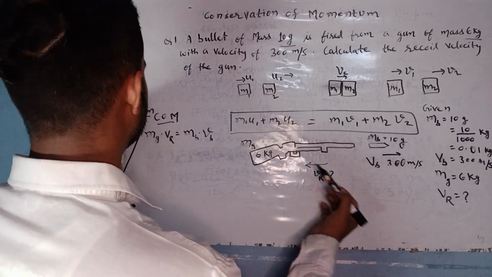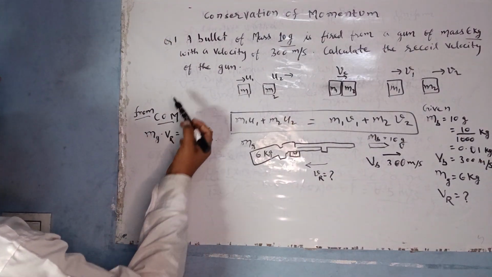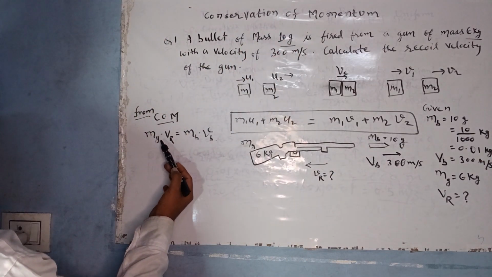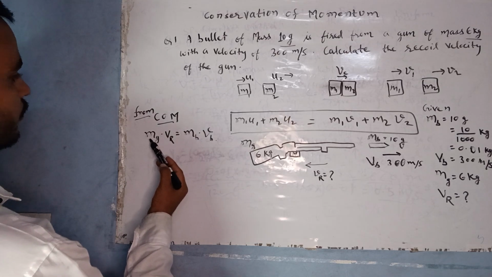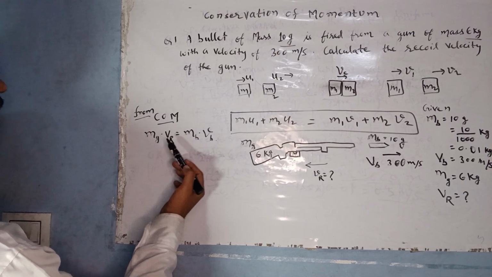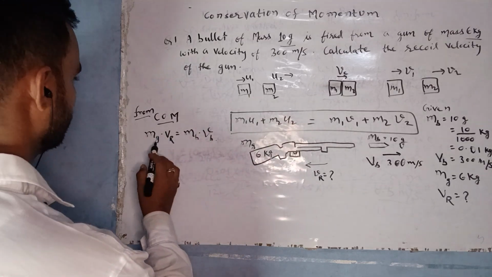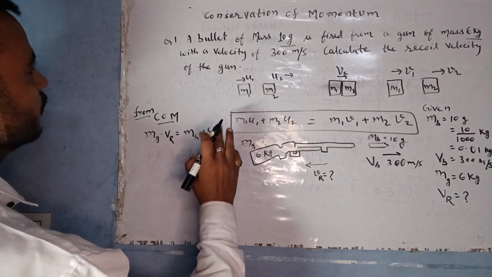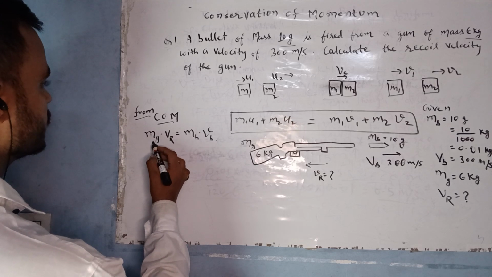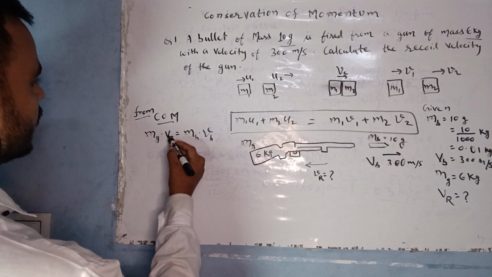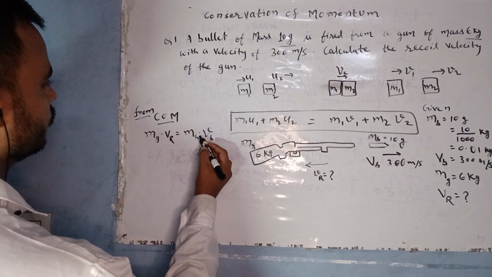So we apply the formula of conservation of momentum, that before collision and after collision, momentum must be equal. So mg into vr equals mv into vv.